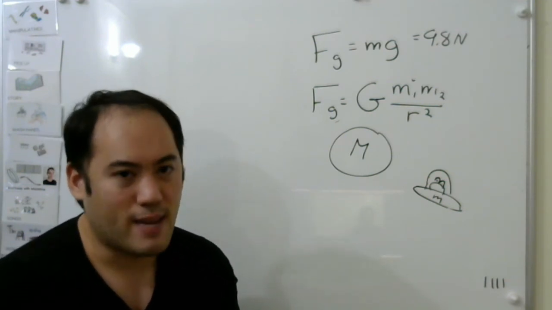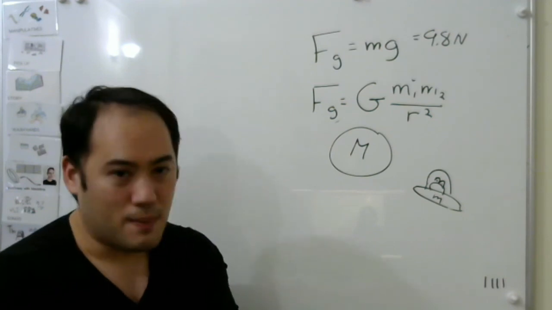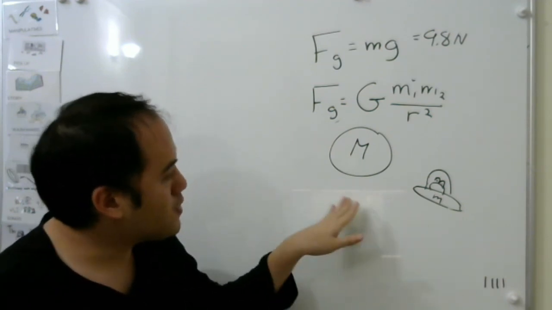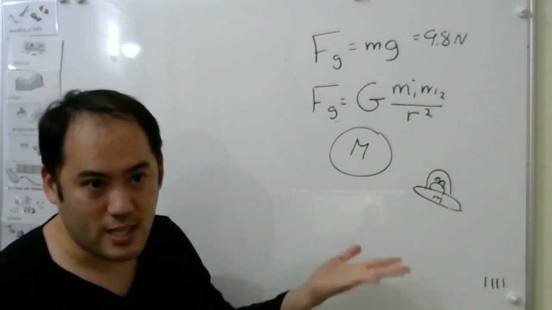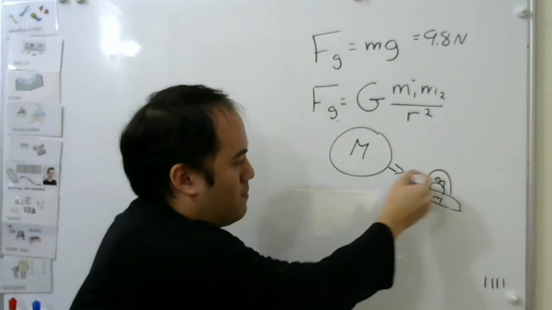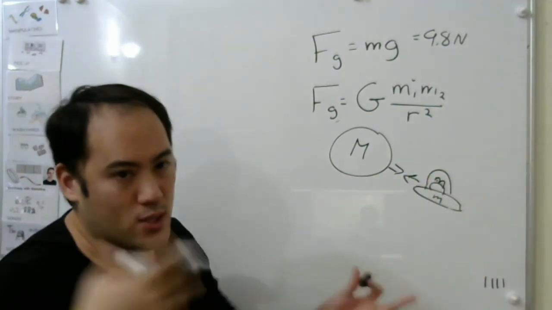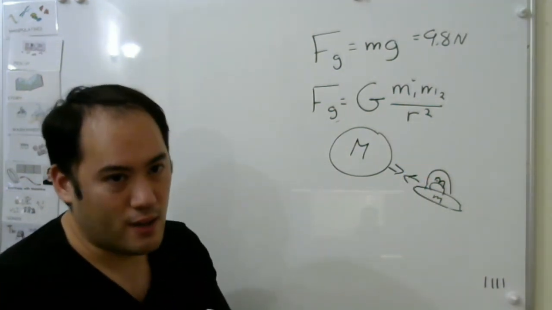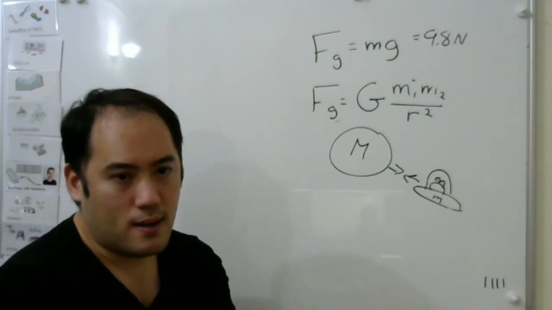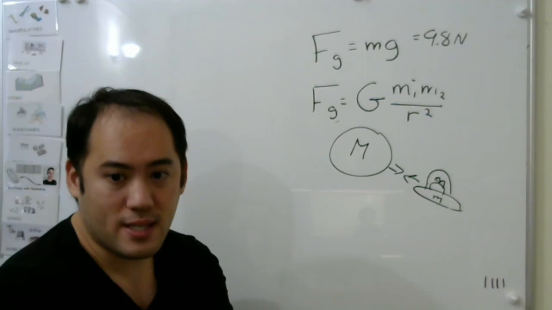It always attracts masses to each other, depending on how much mass they have. So if you're ever asked about the direction of the force of gravity, it's always toward each other, from one toward the other, in the direction of the planet or the star or the spaceship. That's gravity, so bye.